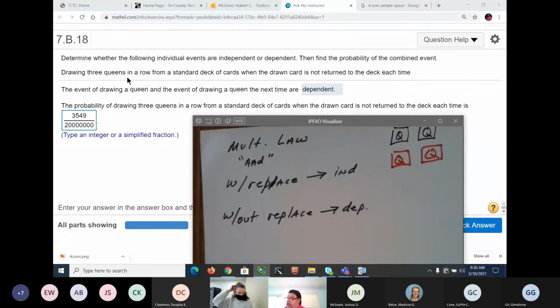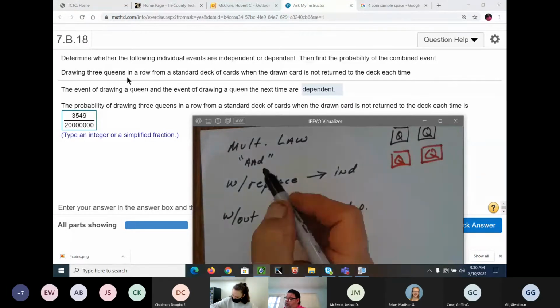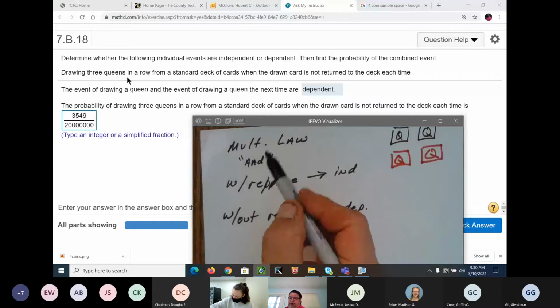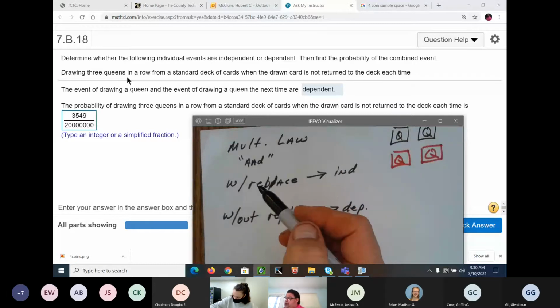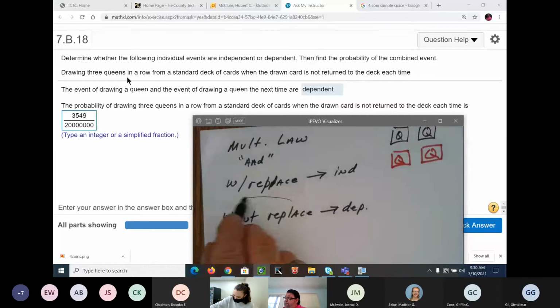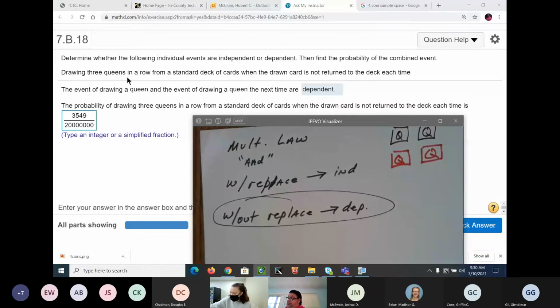And that's going to be 4 out of 52 times 3 out of 51, because you're not returning the card, times 2 out of 50. And 4 times 3 times 2 is 24.